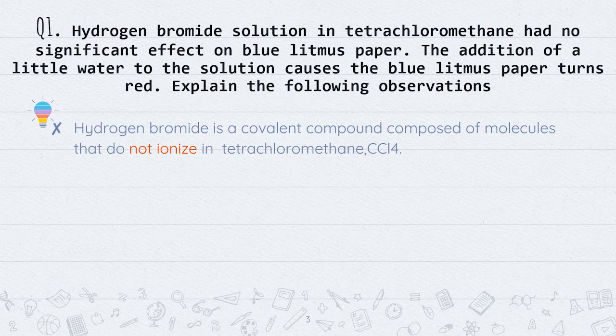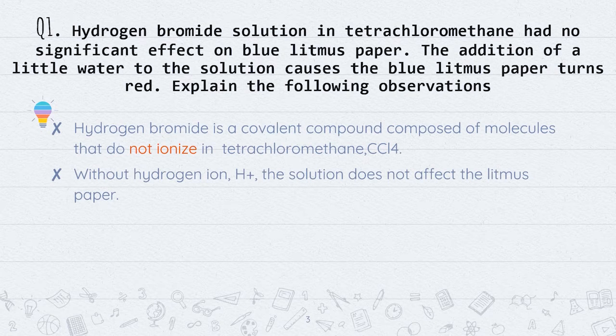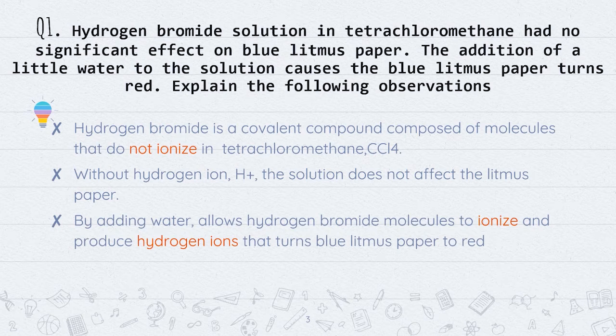Tetrachloromethane is a covalent compound, CCl4, which does not contain hydrogen ions, so it cannot ionize. Without hydrogen ions, the solution does not affect the litmus paper. So by adding water, it allows hydrogen bromide molecules to ionize and produce hydrogen ions that turn blue litmus paper to red.